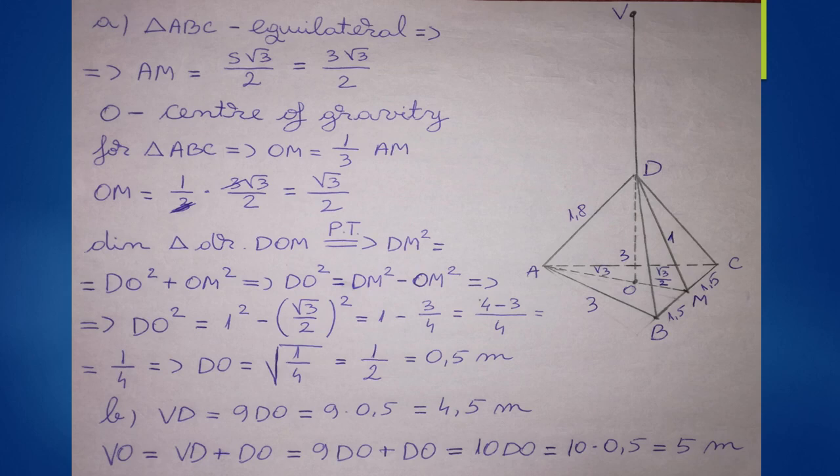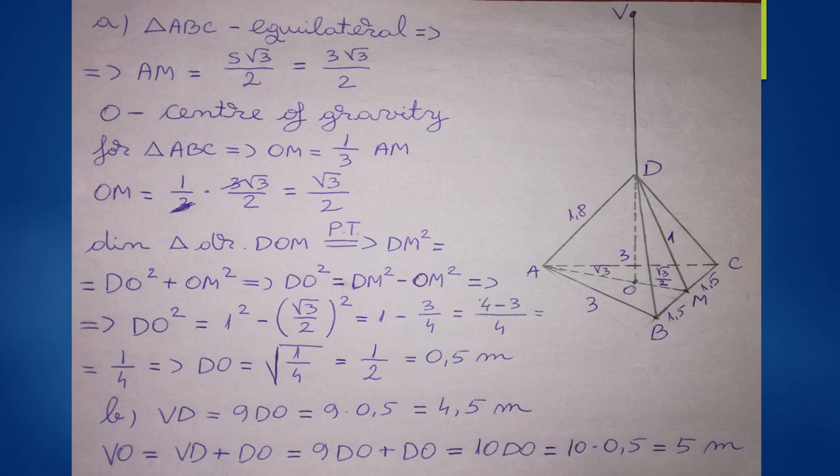From the right triangle DOM results with the Pythagoras theorem that DM squared is equal to DO squared plus OM squared. So DO squared is equal to DM squared minus OM squared.